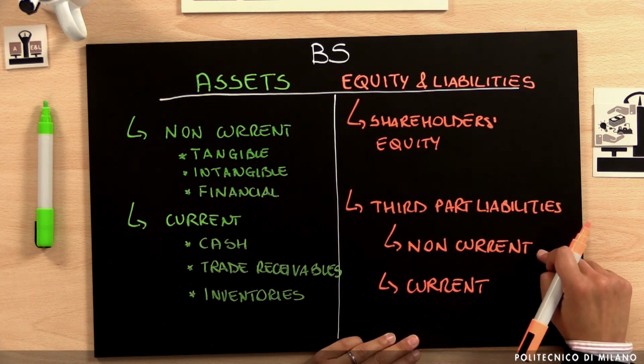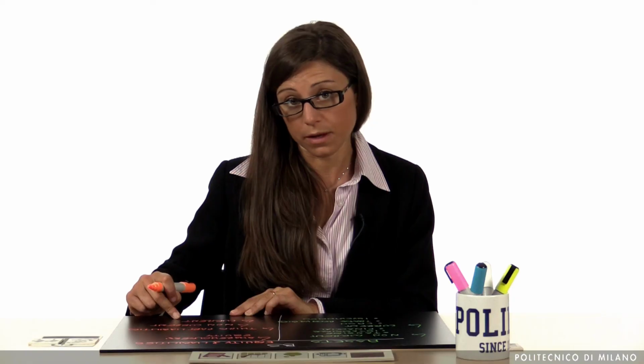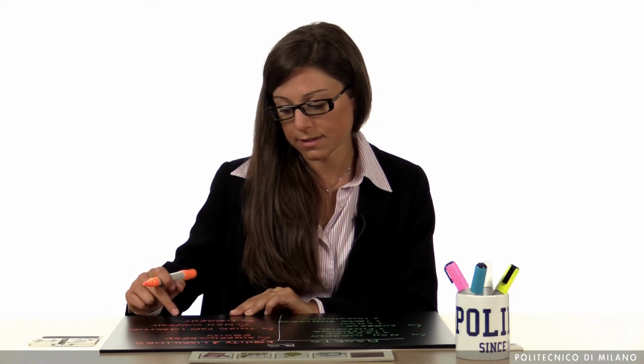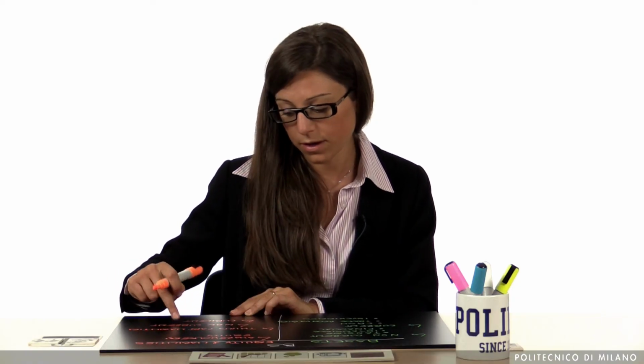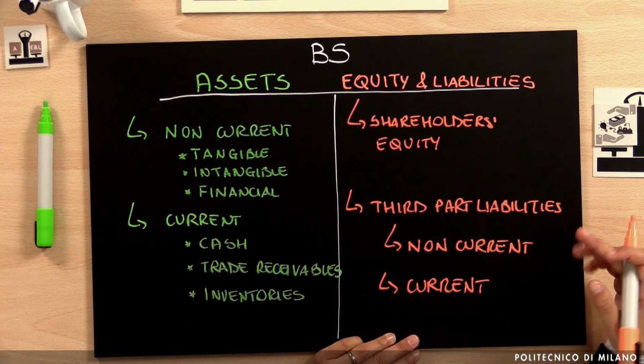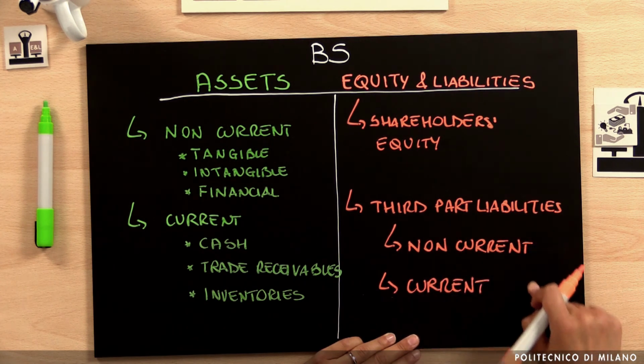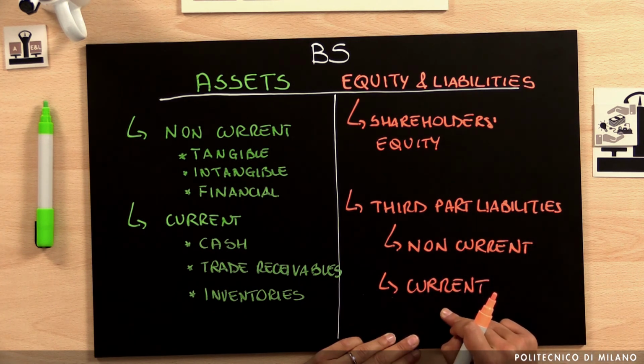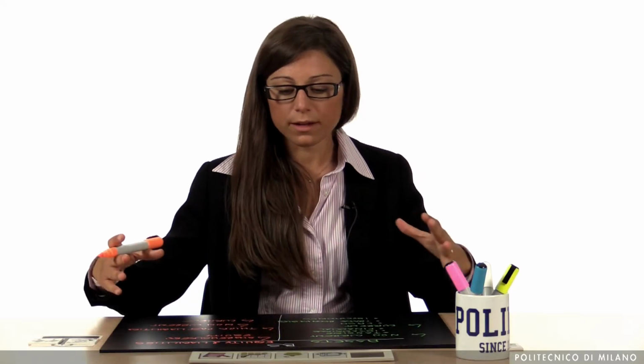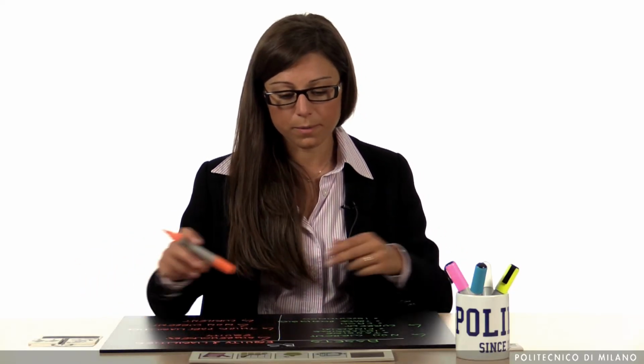So basically, again, long-term debts and short-term debts, where the difference between the classification of these liabilities in the non-current and the current one is represented by the year. Those liabilities that are due over the year are included into the non-current one, otherwise they are listed as current liabilities. So that's basically the overall structure of the balance sheet.